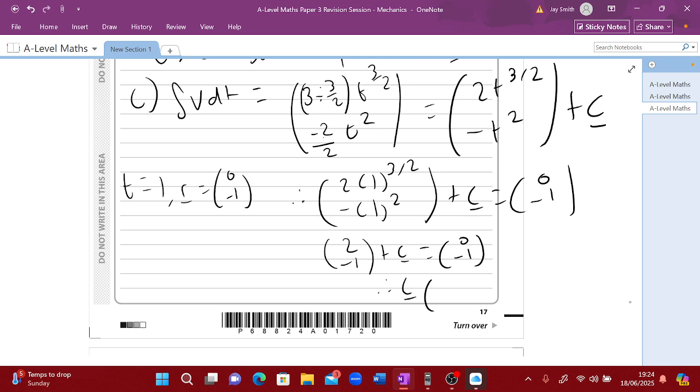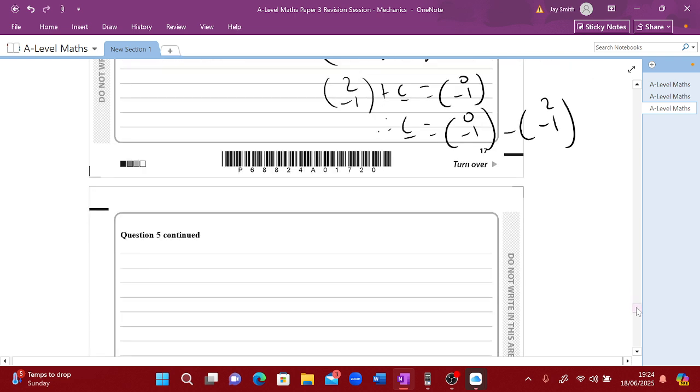Therefore, c is going to be equal to 0, minus 1, minus 2, minus 1. And therefore c is going to equal, subtracting the parts, 0 minus 2 will get us minus 2, and then minus 1 minus minus 1, so minus 1 add 1 will get us 0.